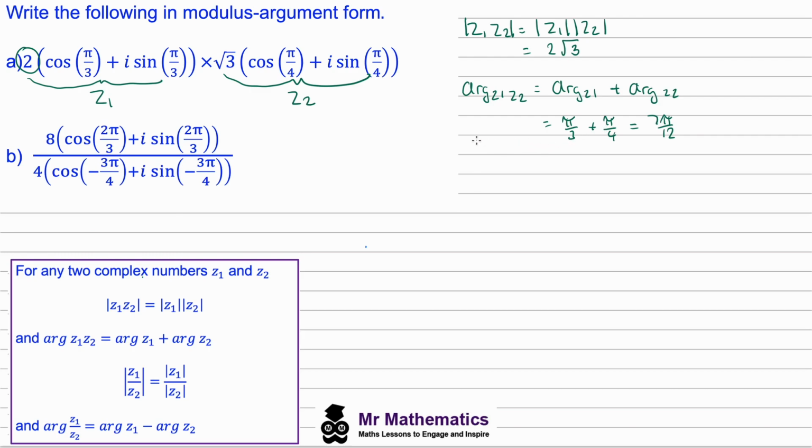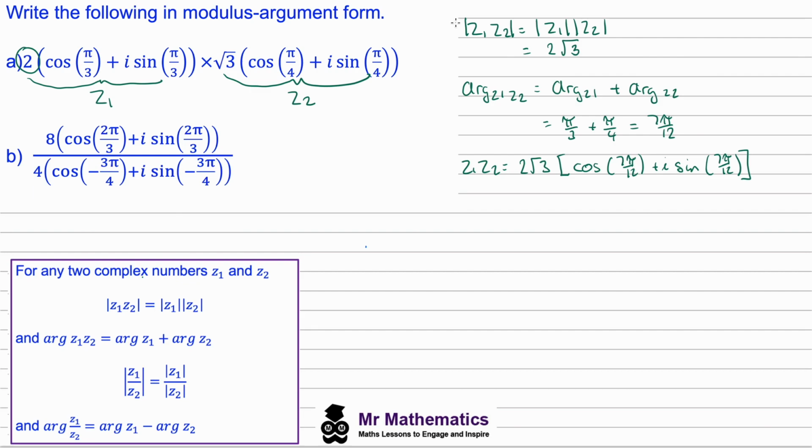So now we can write the modulus argument form of this product. z1 z2 will equal modulus 2 root 3 multiplied by the cos of the argument, 7 pi over 12, plus i sine of the argument, 7 pi over 12. And then we'll close that bracket. So this will be the product of z1 and z2 in modulus argument form.